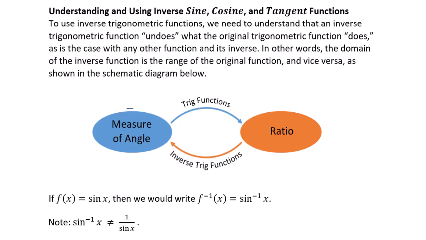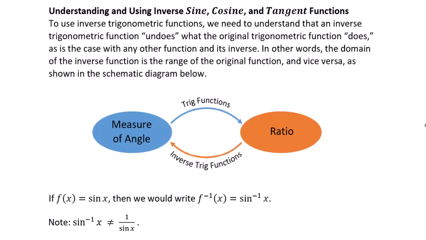Here we take the measure of an angle, we put it into the trig function, and out comes a ratio. For the inverse trig function, we take the ratio, put it into the inverse trig function, and we get out the measure of an angle.